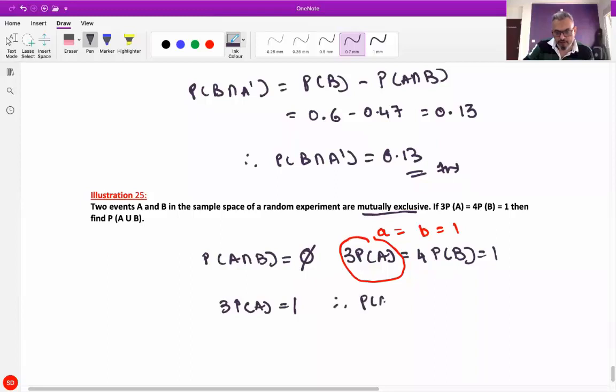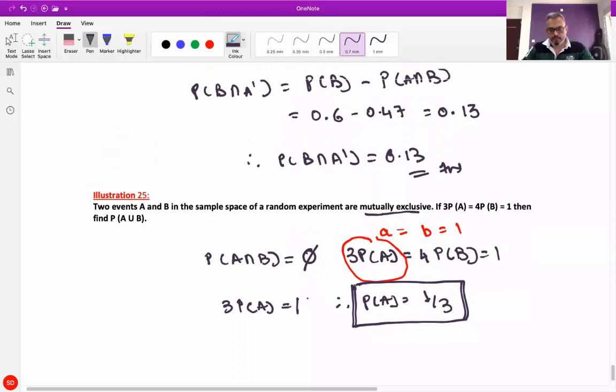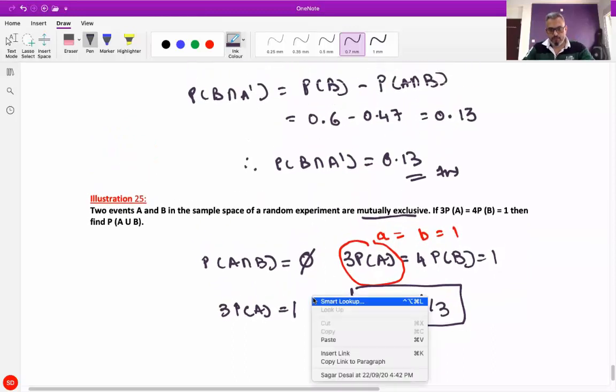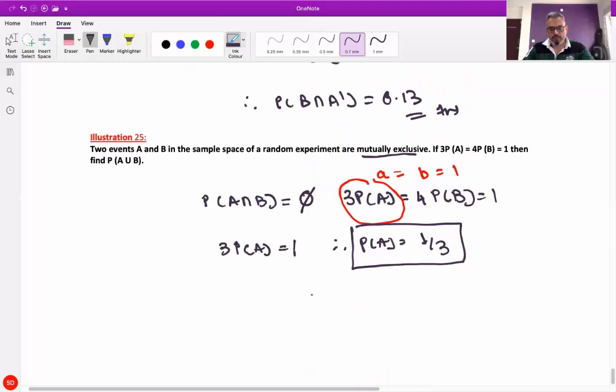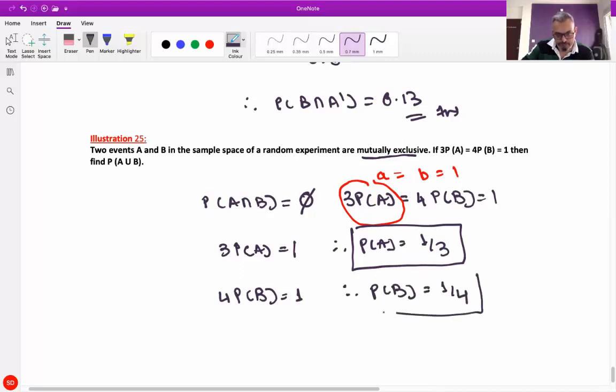Therefore, P of A is equal to 1 by 3. P of A is found. Now, 4P of B is equal to 1. So therefore P of B is equal to 1 by 4. P of B is also found.